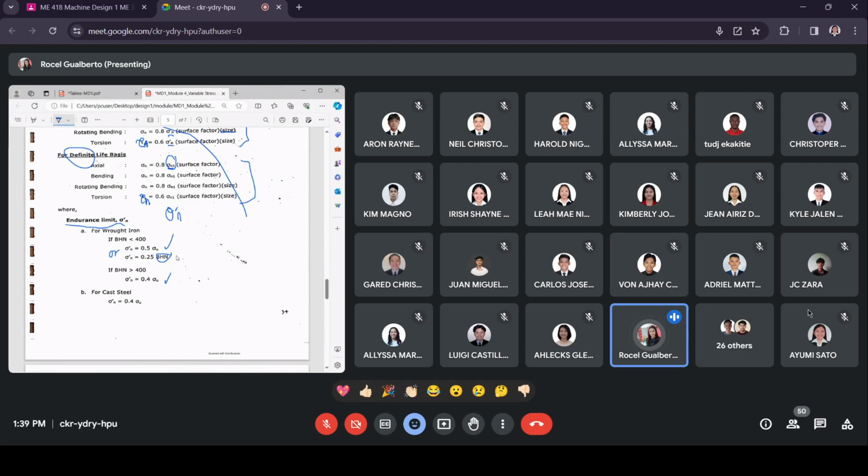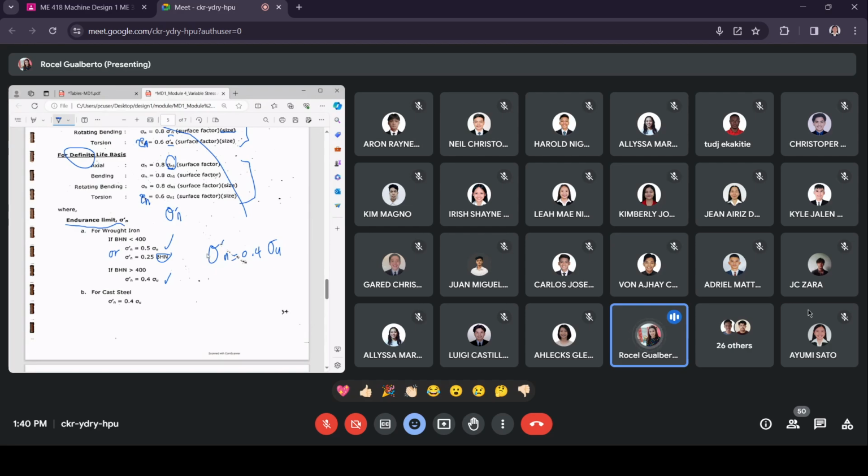That is why I suggest that you make use of the first. And the other one, if BHN is not given, you assume sigma prime n equal to 0.4 of sigma u. So that is what you will do to obtain the value of the endurance limit sigma prime n.